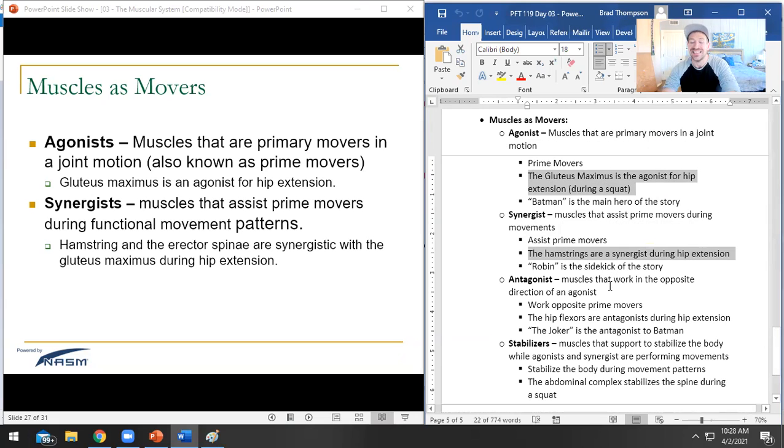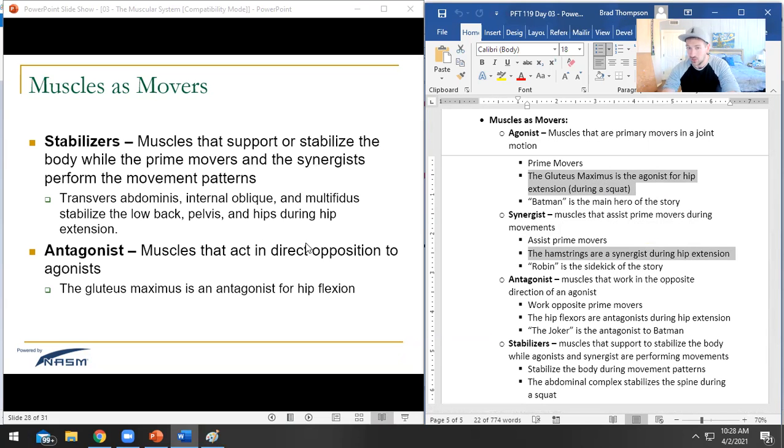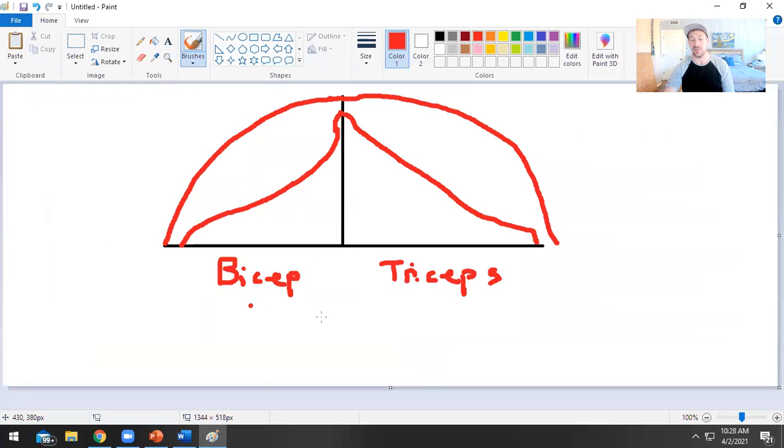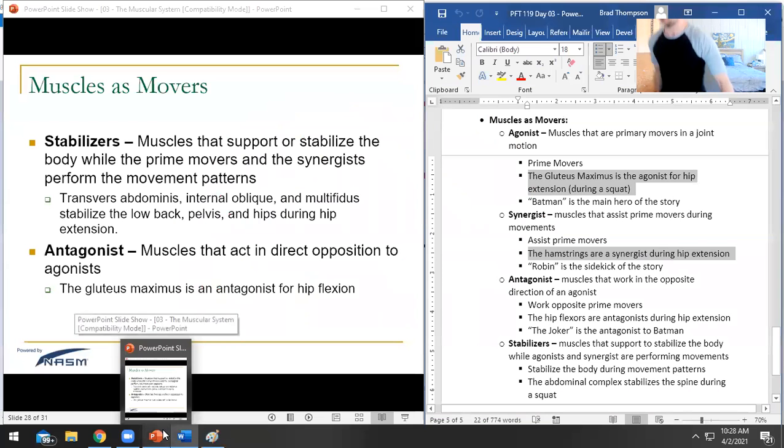Meanwhile, you've got exactly the opposite muscle on the other side. Muscles that work in the exact opposite direction do totally the opposite thing, right? Because muscles can only pull, they have to be arranged like this. If I'm going to pull with biceps or triceps, if I've got to pull this way, I also need to be able to pull this way. So in this case, the opposite of my glute is going to be around the other side of my body, my hip flexor.